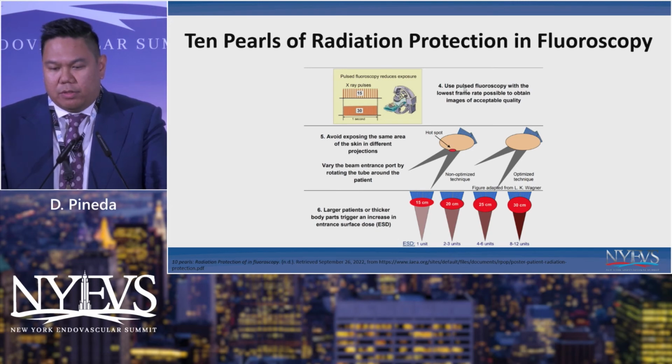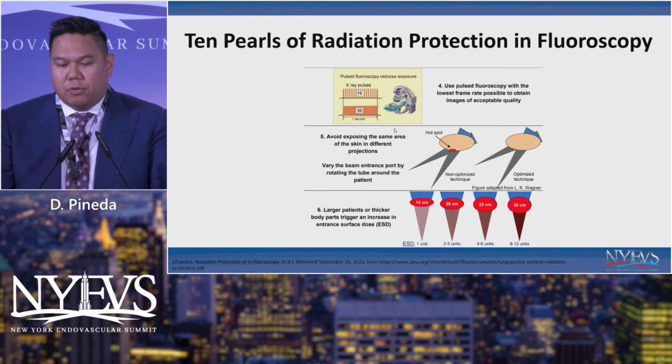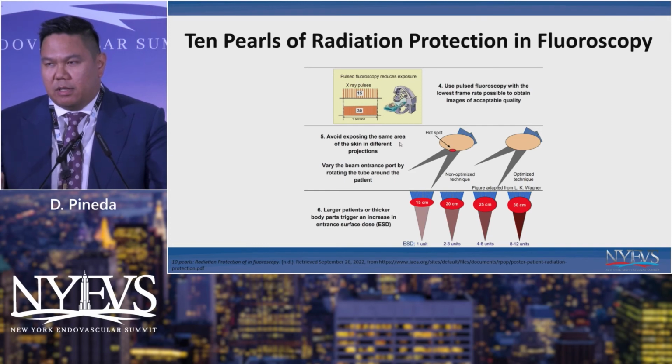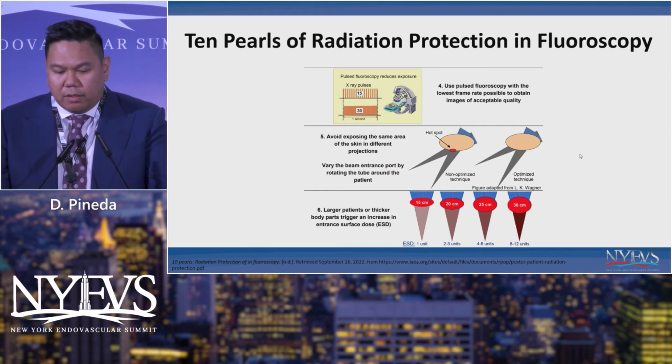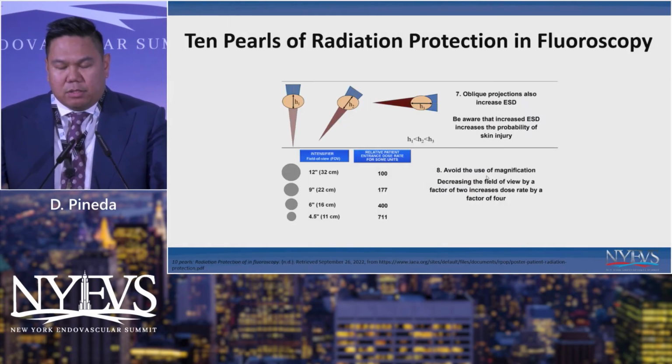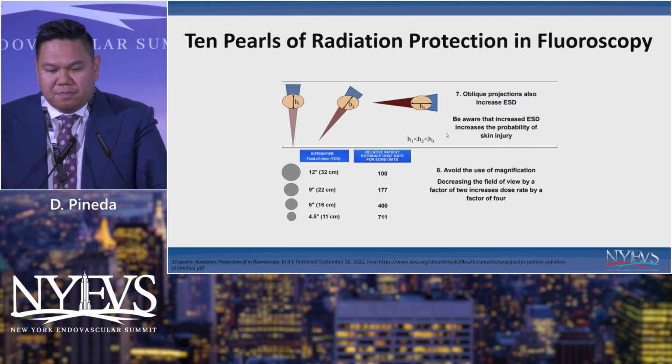Another thing that we can do is to use pulse fluoroscopy and lower the frame rate. And to protect our patients, number five, we shouldn't expose the same area of the skin, because repeated exposure to the same area of the skin can cause skin injury. Another thing to consider is that patients with larger body habitus require a larger dose to penetrate and make an appropriate image.